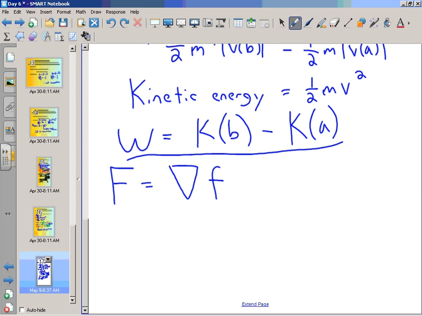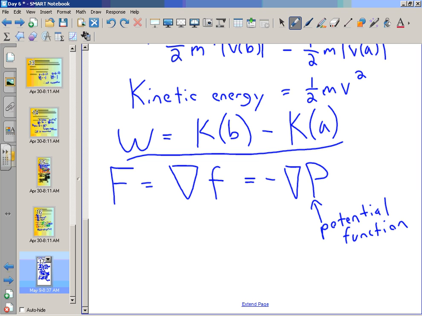And so what we're going to do in physics, we actually take the negative gradient, and we call this the potential function. The reason that we call that the potential function is because it gives us the potential energy.